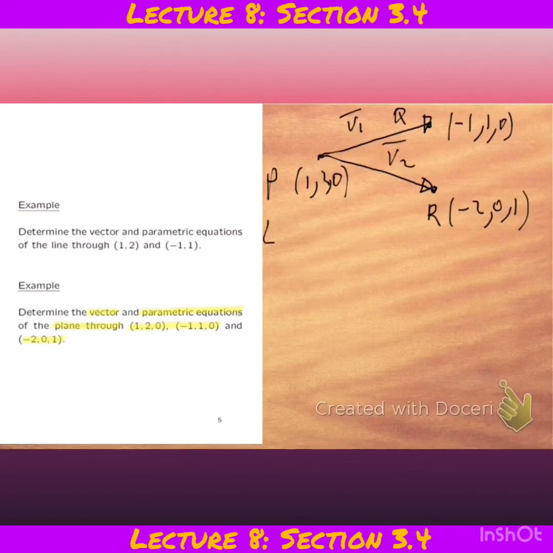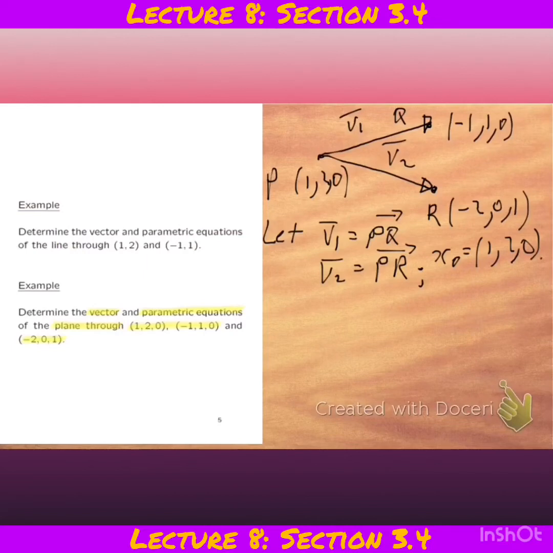Again, let V1 be the vector PQ, and let V2 be the vector PR. Let your initial point that you start off with be the point 1, 2, 0.